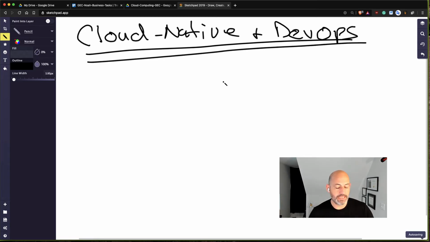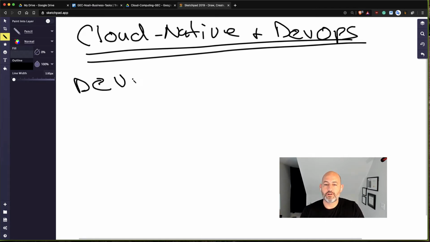Well, let's first define what DevOps is. It's a term that gets thrown around a lot, but DevOps is a combination of several different components. One is that it is a cultural shift.